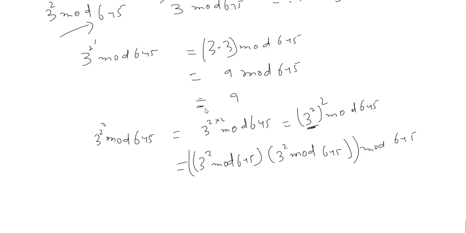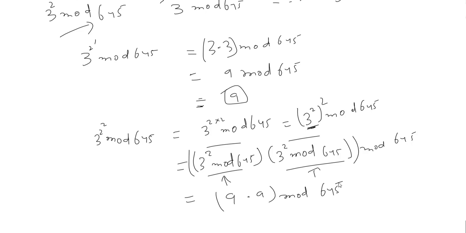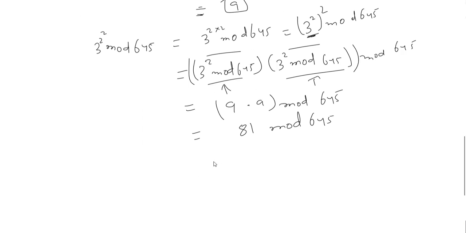So we know from the previous calculation that this value and this value is equal to 9. So we'll substitute that. So this will become 9 times 9 mod 645. So this will be equal to 81 mod 645. And again, since 81 is less than 645, therefore this value will be 81.